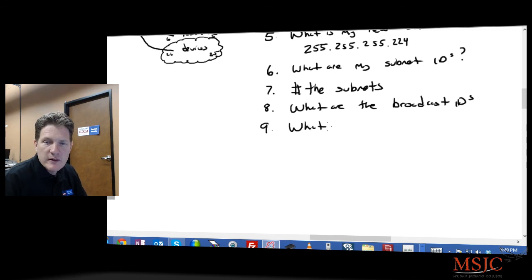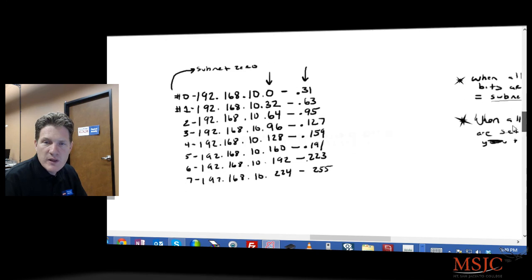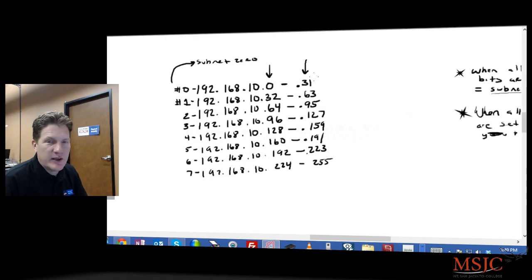What are the host ranges? The host ranges are everything in between.